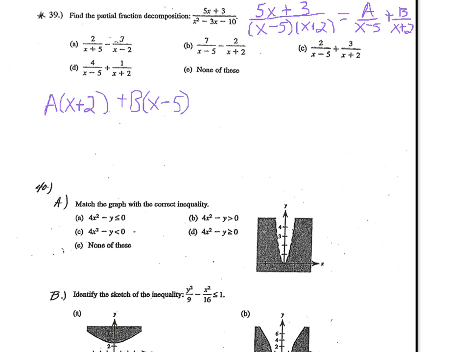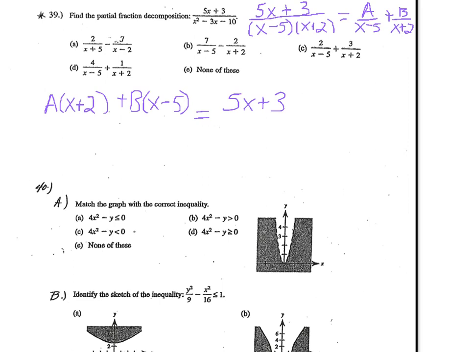Now this is all over (x minus 5) times (x plus 2), but we don't necessarily need to write that because we just want our numerators to equal each other. So the denominators are not necessary at this point.